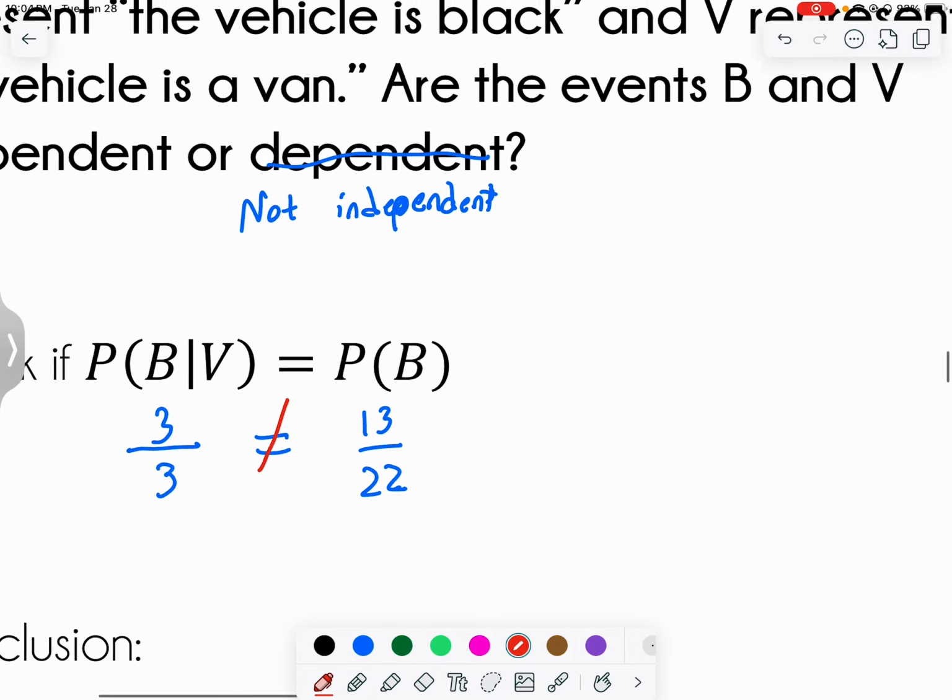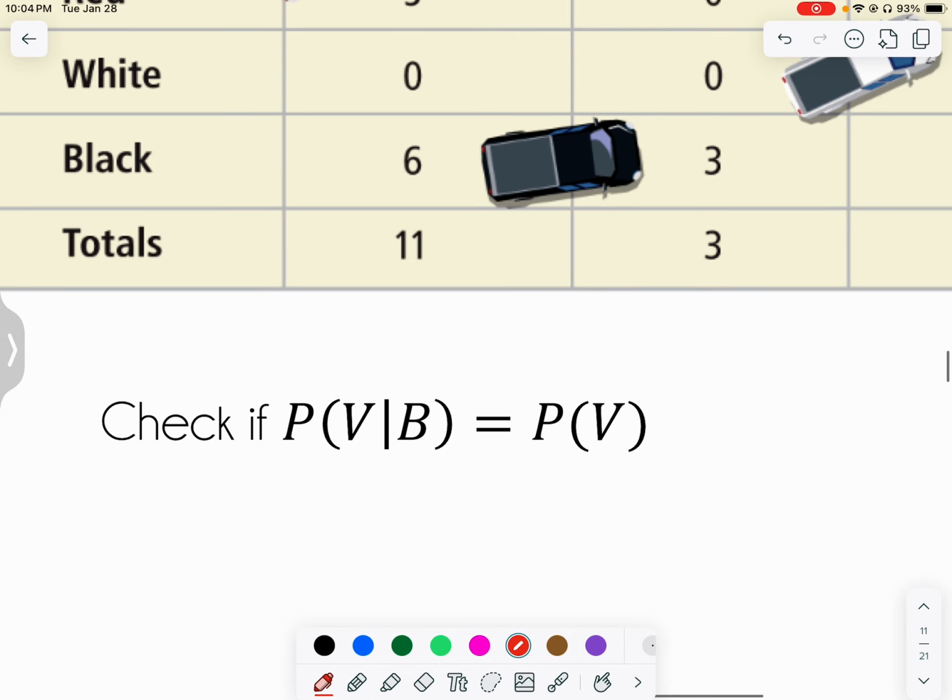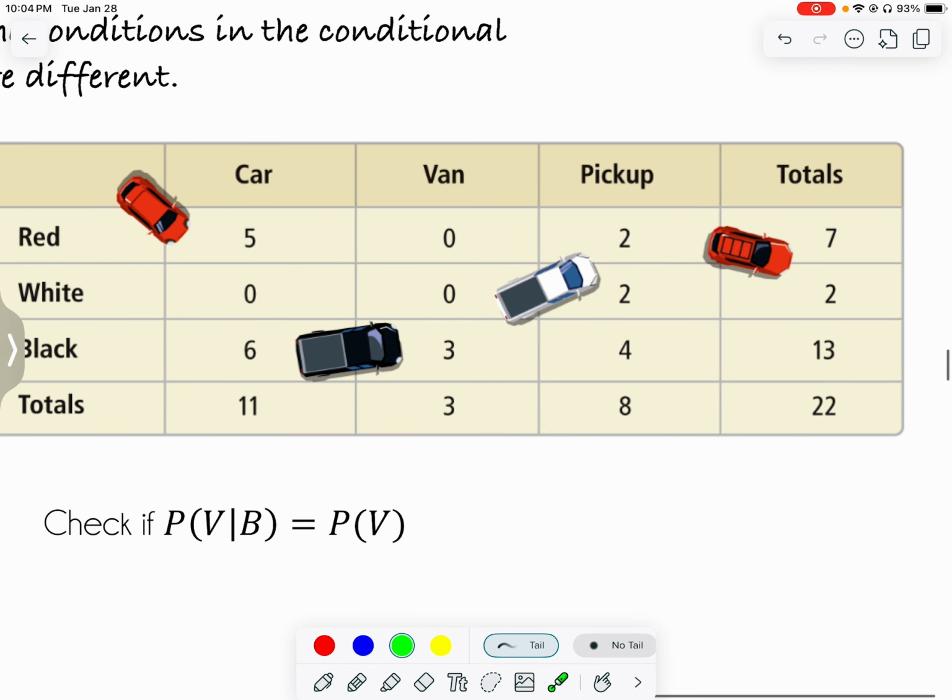Well, let's check the other way. Does black, the color of the car, influence if the car is a van or not? Let's go ahead and check that. What's the probability of picking a van? Well, that probability is 3 out of 22, because there are 3 vans out of 22 altogether.